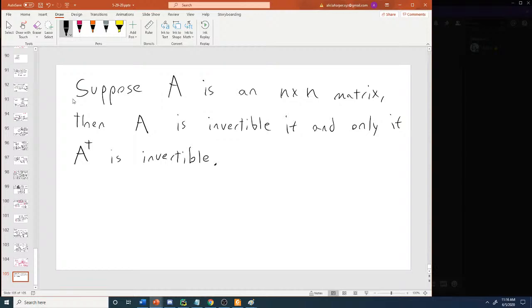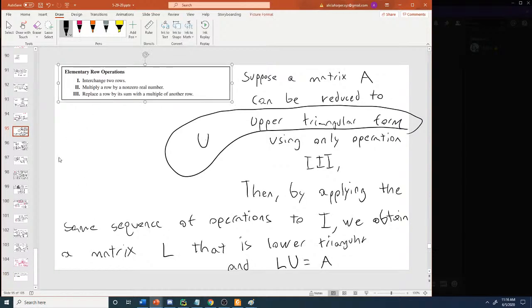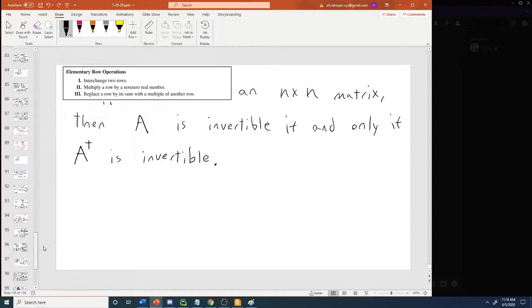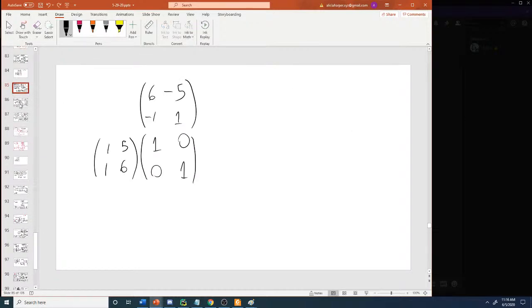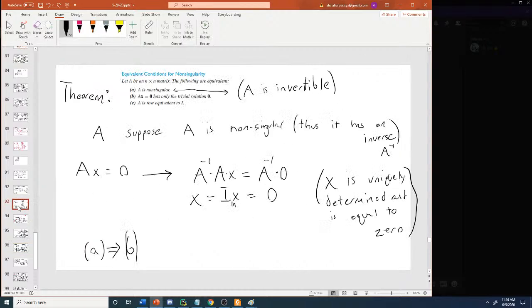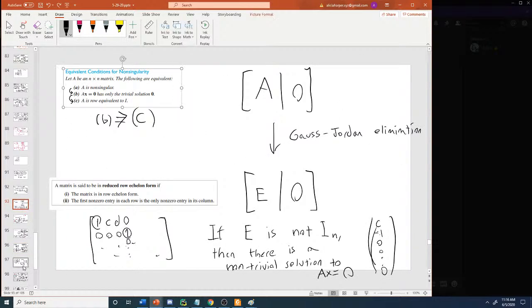And here's why this is true. We're going to use the thing we proved earlier, the first theorem of today. Here it is.